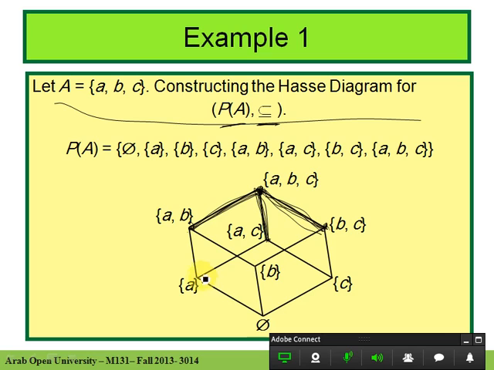The next is A, B and C, the three. We have a relation with B. Remaining are A and C: A, we have this one, and C, we have this one. And null is connected to all through this point.